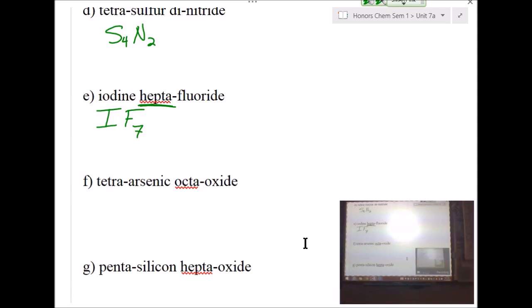You're thinking of tetra, which is 4. What is tetraarsenic octaoxide? Very nice. You guys sound smarter already. Pentasilicon heptaoxide, Si5.